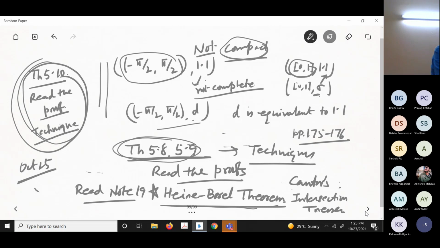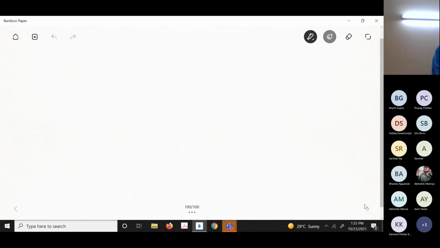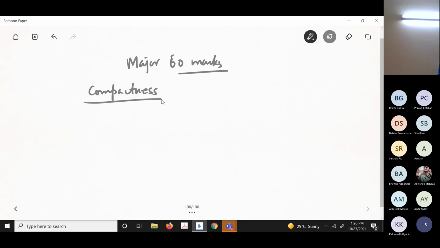Well, let me tell you that the major will be 60 marks. Here is what I will give you. Compactness will play a big role. It will be at least 40%, I think.